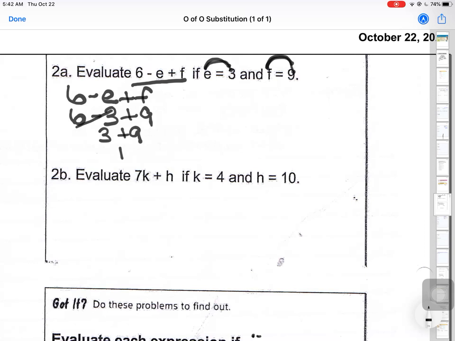Bring down my 9. 3 plus 9 is 12. Since addition and subtraction is on the same line, if you want to do that in one step, you can. But I know Miss Wetland likes you to do it in a couple steps here. And I think my kids are liking that too, so that if you made a mistake, we can find out where a little easier.